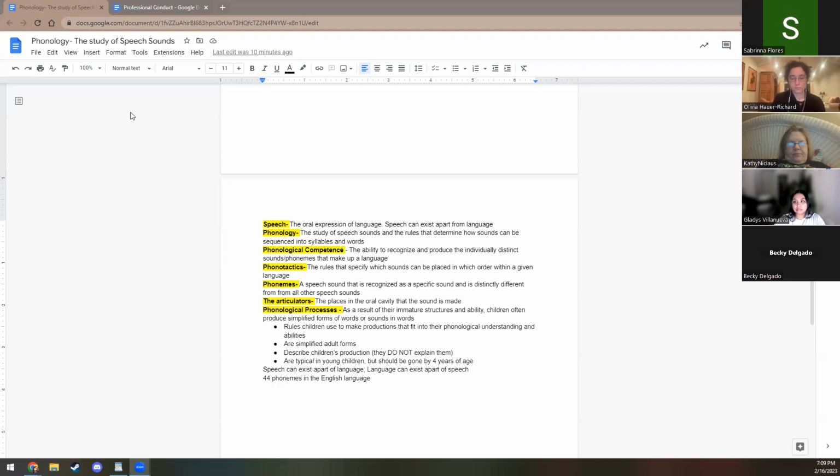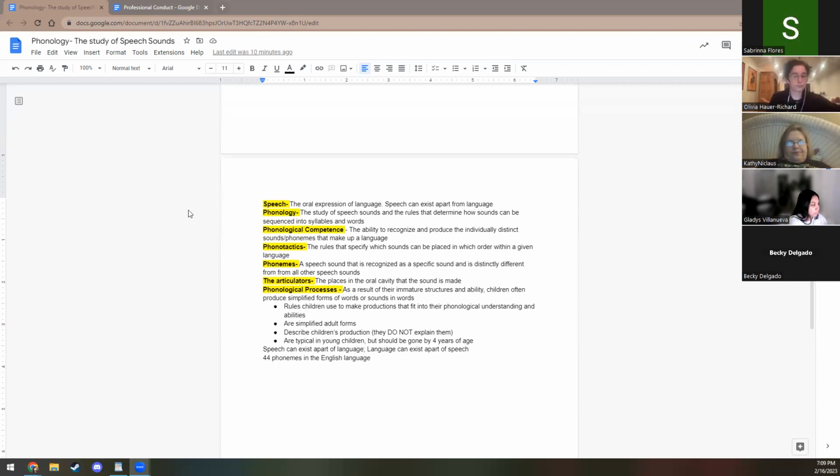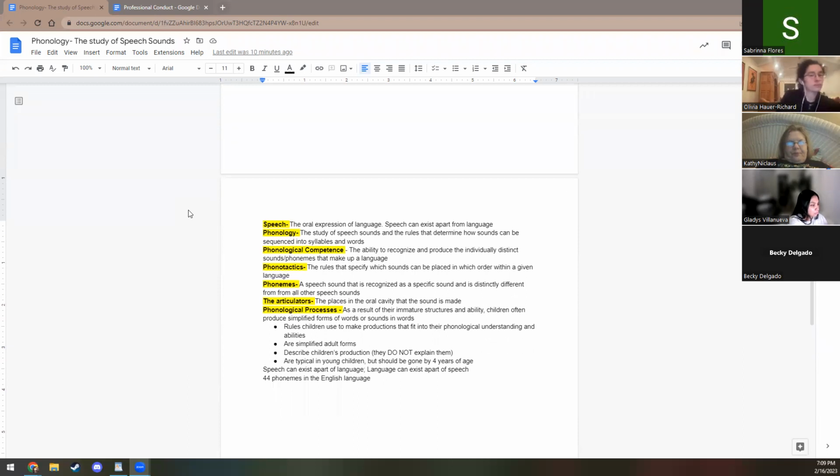And then speech can exist apart from language, and vice versa. Language can exist apart from speech. For IPA, there are 44 phonemes in the English language, which is something that we should already know since this was in last semester. But I hope we do learn more about the IPA, the English IPA.